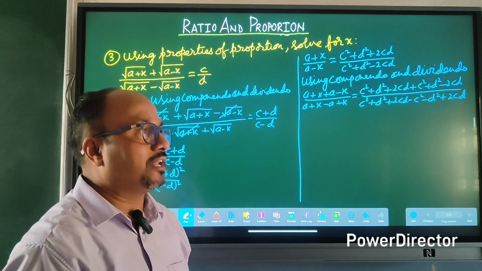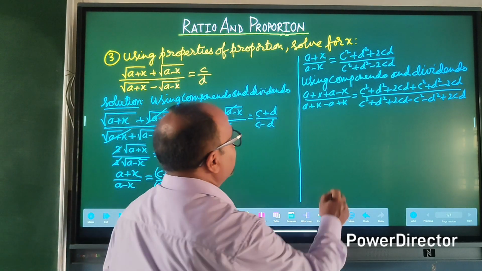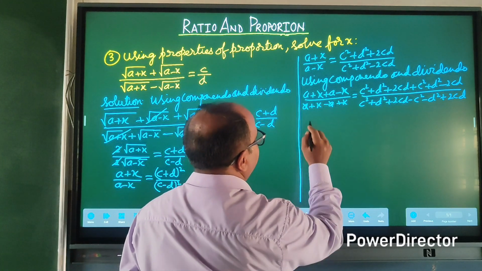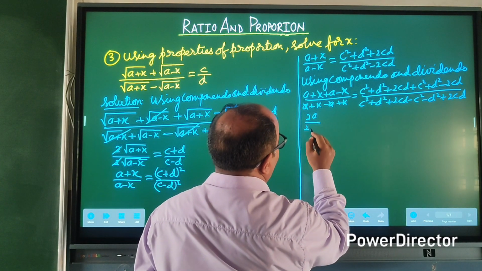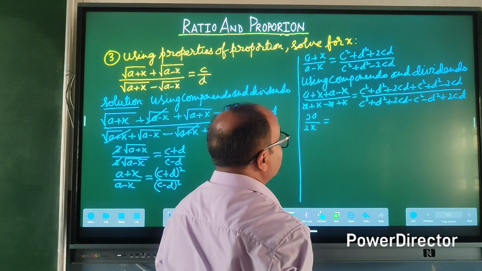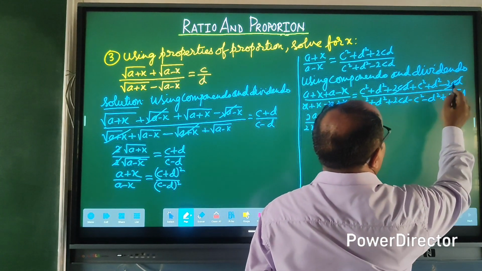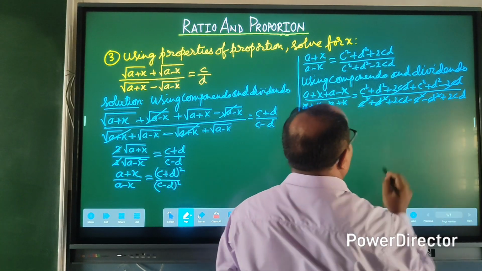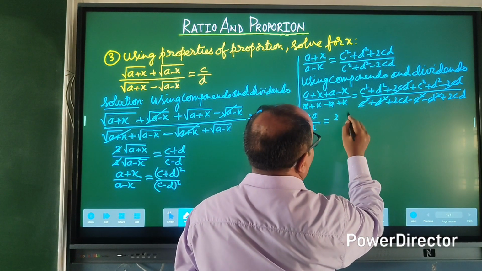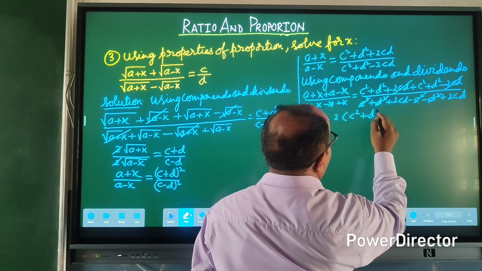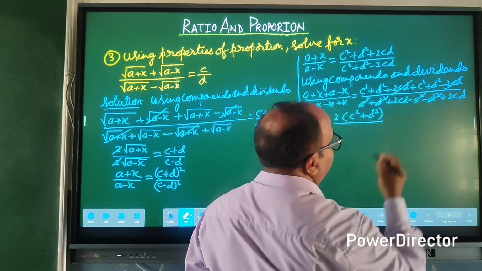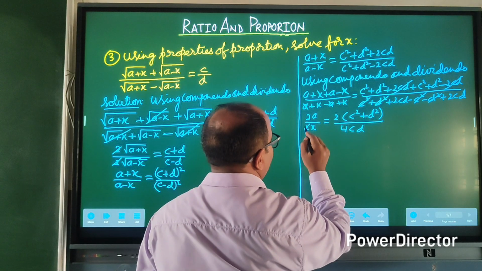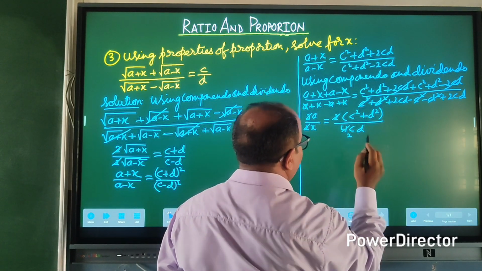Now let us cancel out the terms which are in plus and minus. So I have x getting cancelled here, a getting cancelled here. So I get 2a by 2x equals to, here 2cd is cancelled, in the denominator c square is cancelled and d square is cancelled. So I get here 2 times c square plus d square, and 2cd and 2cd will give me 4cd. So this 2 is cancelled, and this 2 cancels here.